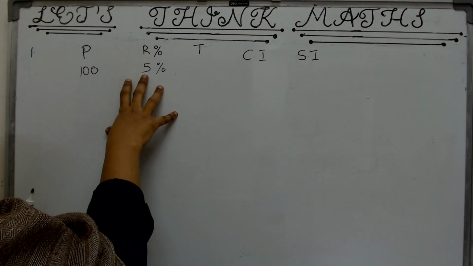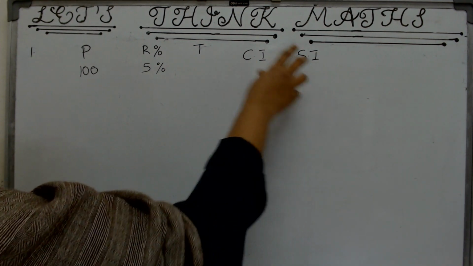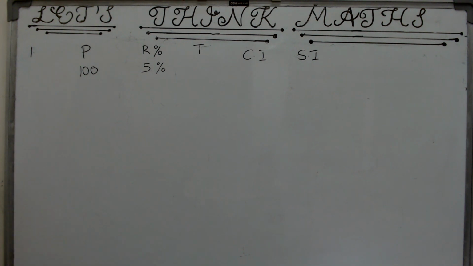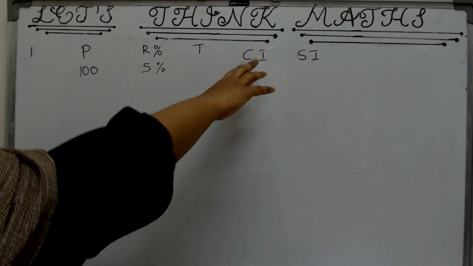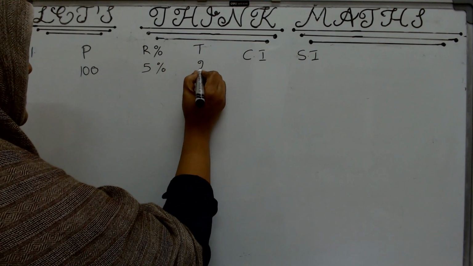Because the rate of interest is the same for the compound interest and the simple interest. So when the rate is the same for 1 year, both compound interest and simple interest are the same. You will get the same value for both. There will not be any difference. So if the rate is different, then the values will be different. But for the same rate, do not take T equal to 1. Take T equal to 2.